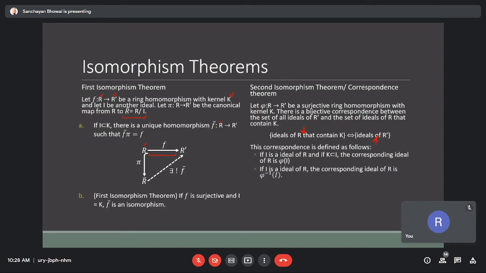And how is this correspondence defined? If I take I, I go to phi of I, and from an ideal I dash I go to phi inverse of I dash. Now, this phi inverse is not the inverse function. This just says all those elements where phi is applied and I get an element in I. These are the isomorphism theorems.